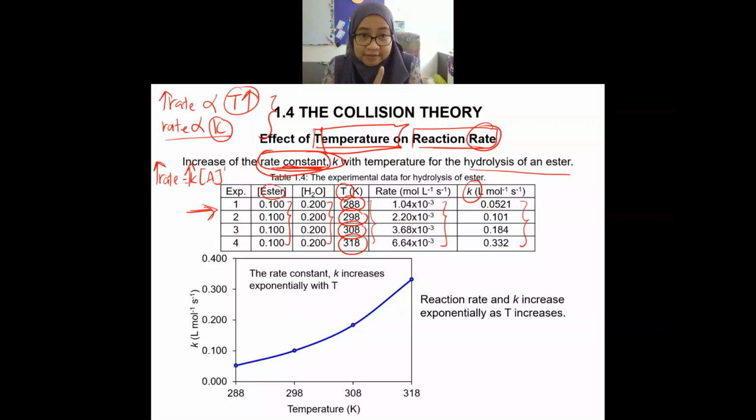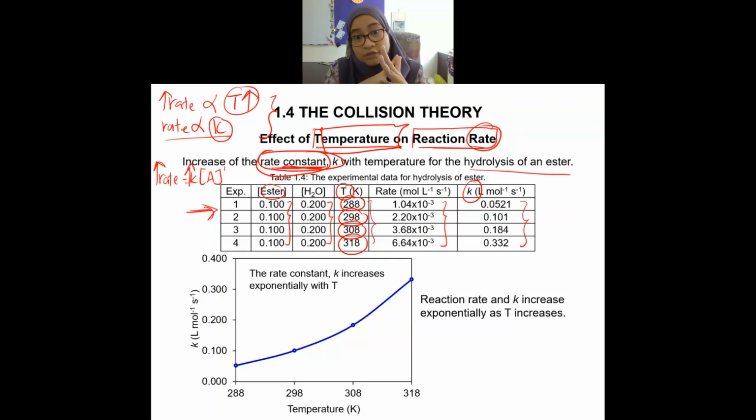The only factor that can affect the rate constant would be the temperature. Or let me rearrange: temperature is the only factor that can affect the rate constant. So concentration, catalyst, surface area, the nature of the reactant, these four cannot change the value of the rate constant.